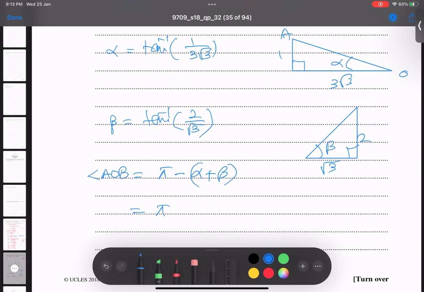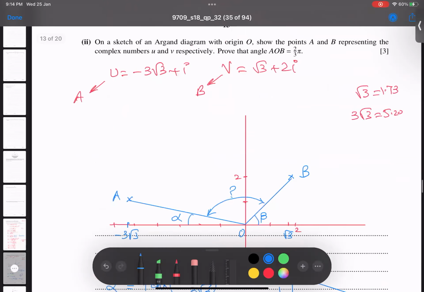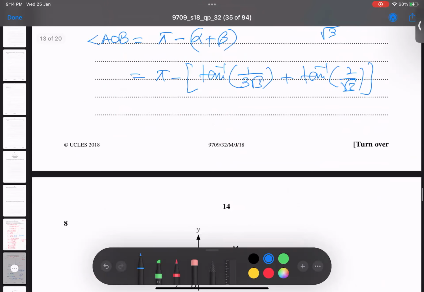I am typing pi minus in the bracket. Sometimes it gives you a not accurate answer, that is why I'm typing as it is, all together. If I type it, it gives 2 pi, but let me recheck. Please make sure the calculator is in radian mode.